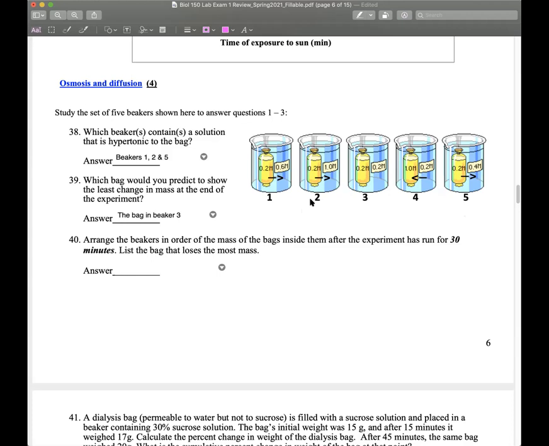These are the bags losing water to the surrounding beaker solution. From 1, 2, and 5, which one do you think is going to lose the most water? 2. Yes, 2, exactly. 2 is going to be losing the most.